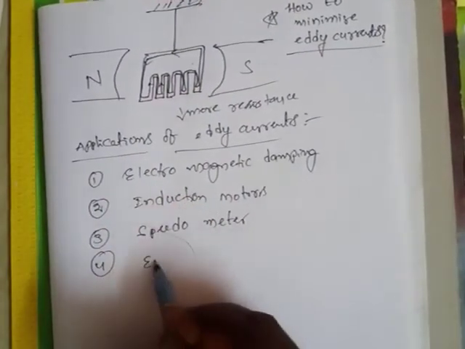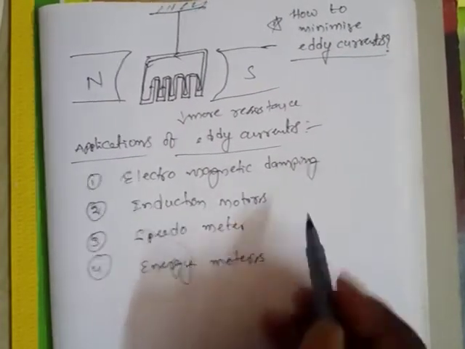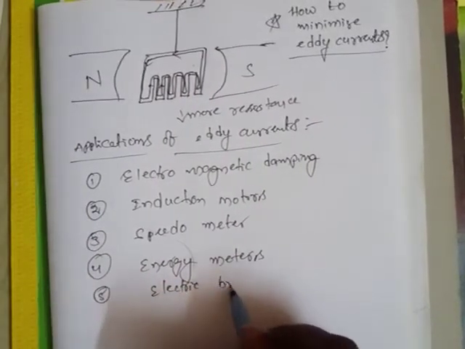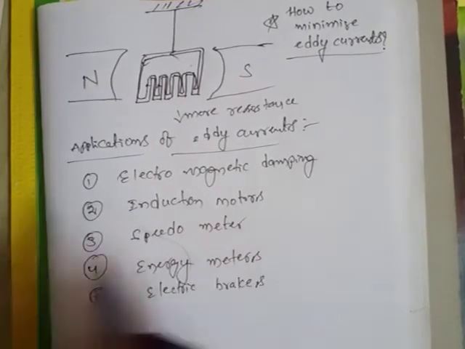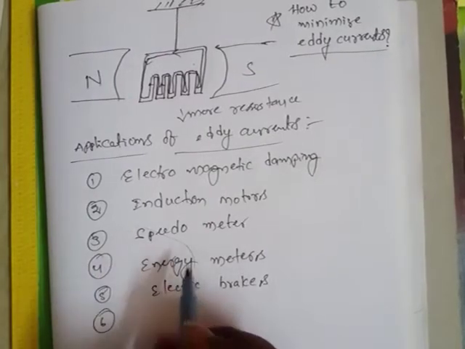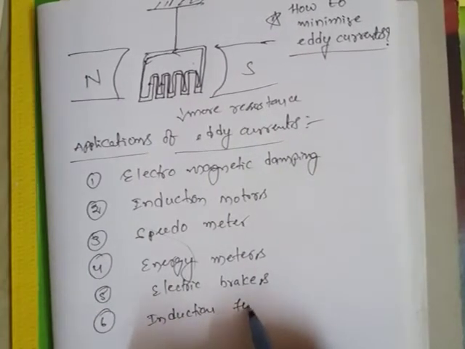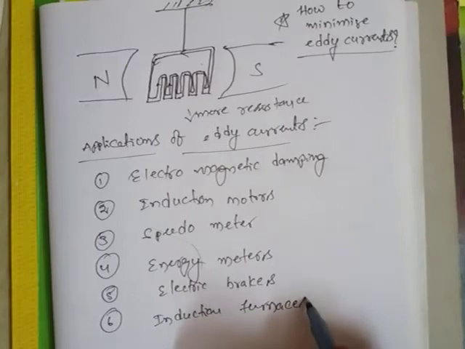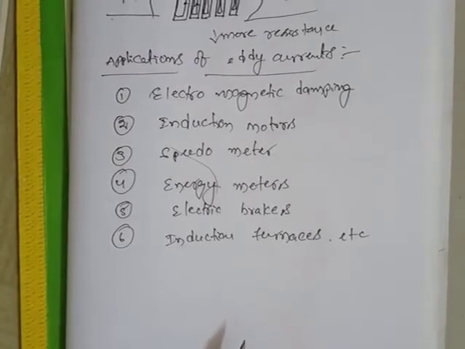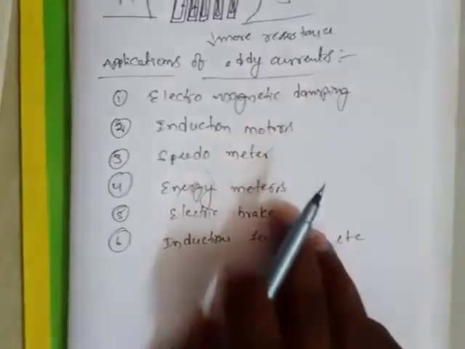Next, energy meters. Electric brakes. Next, induction furnace, etc. This question is important for 3 marks: mention any 3 applications of eddy currents. Any 3 you can write.